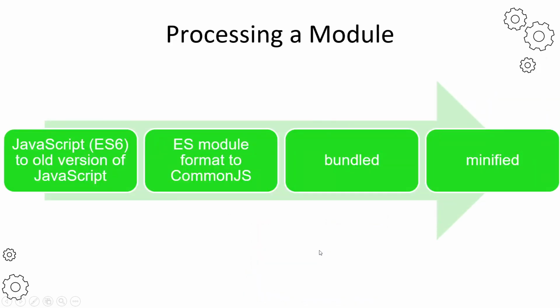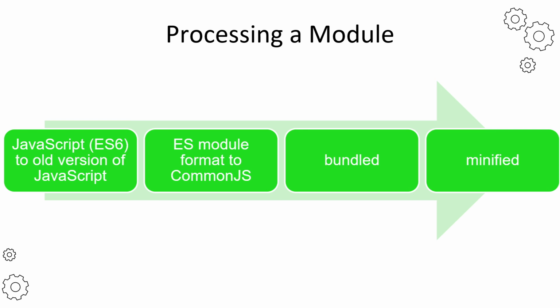All right, let's go through the process of the generation of a module. Usually, when a module is created, it would experience this process. So first, we might be using some new features and functions from some newer version of JavaScript, which might not be supported by some of the most popular browsers in the market.